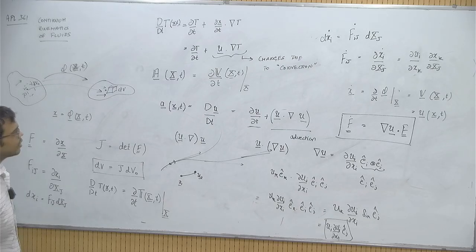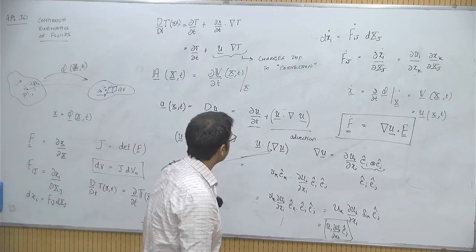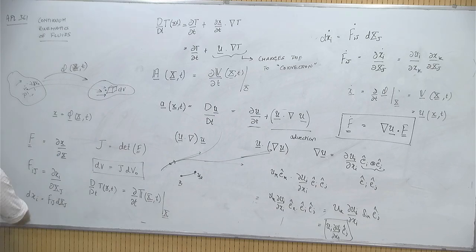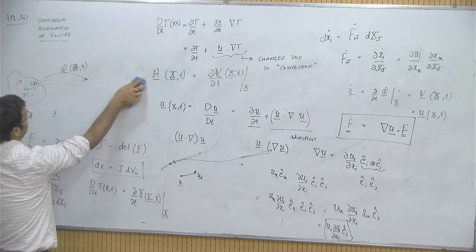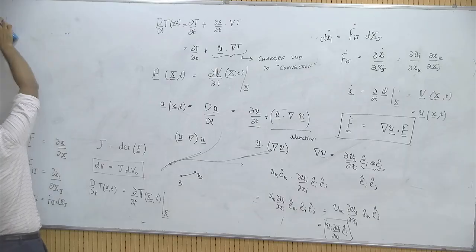There are a lot of places where this velocity gradient tensor will appear again and again in different ways. So let us look at this velocity gradient tensor a little bit.